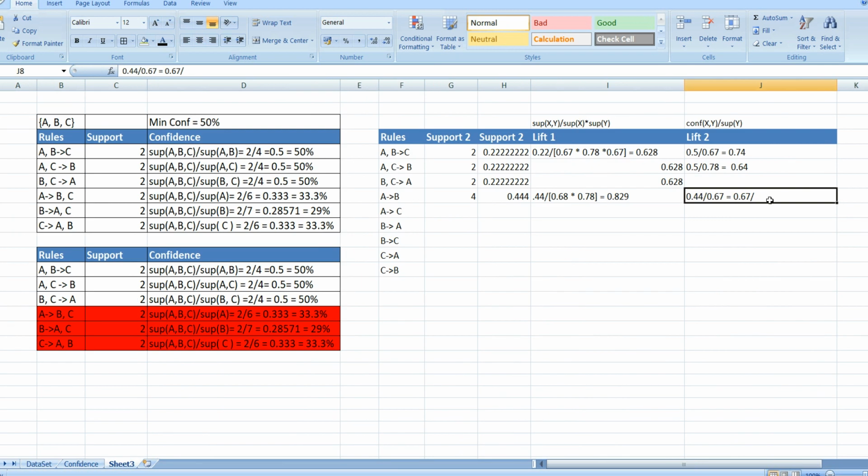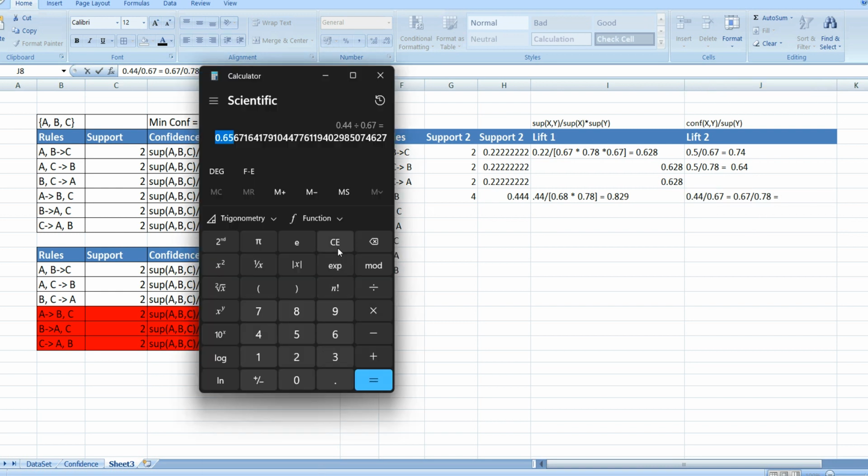So 0.67 divided by 0.78 gives us a value of 0.85.